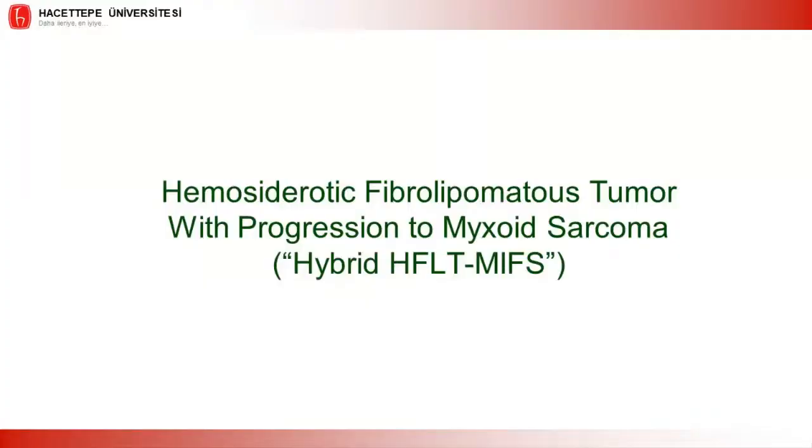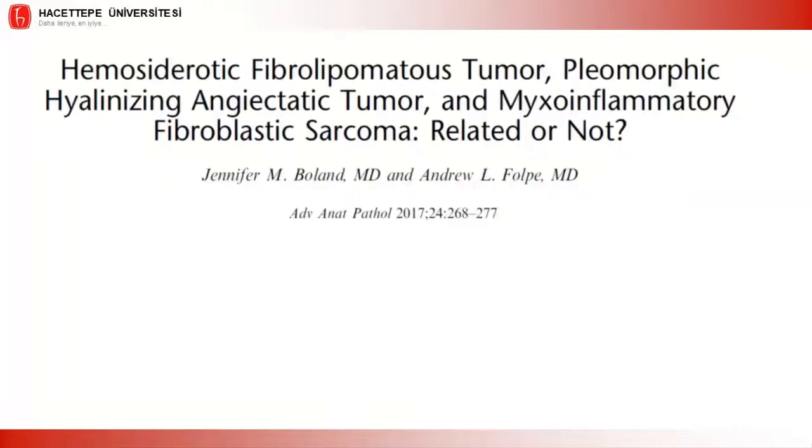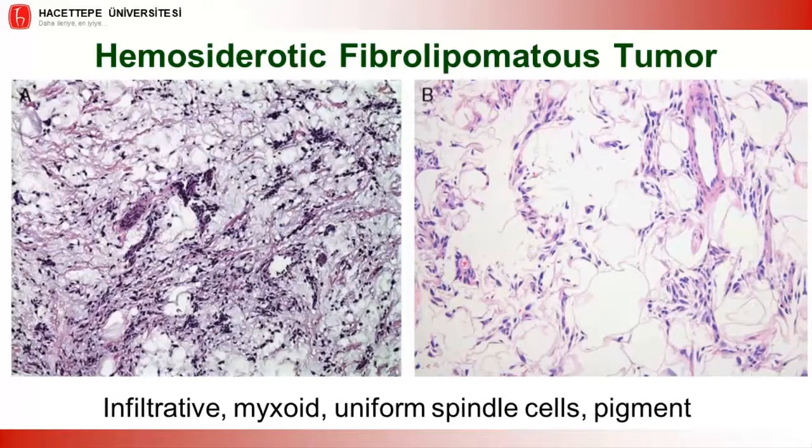So the diagnosis is hemosiderotic fibrolipomatous tumor with progression to myxoid sarcoma, a hybrid HFLT and MIFS. To explain it, hemosiderotic fibrolipomatous tumor and myxoinflammatory fibroblastic sarcoma. There is a very comprehensive review on this by Boland and Folpe.